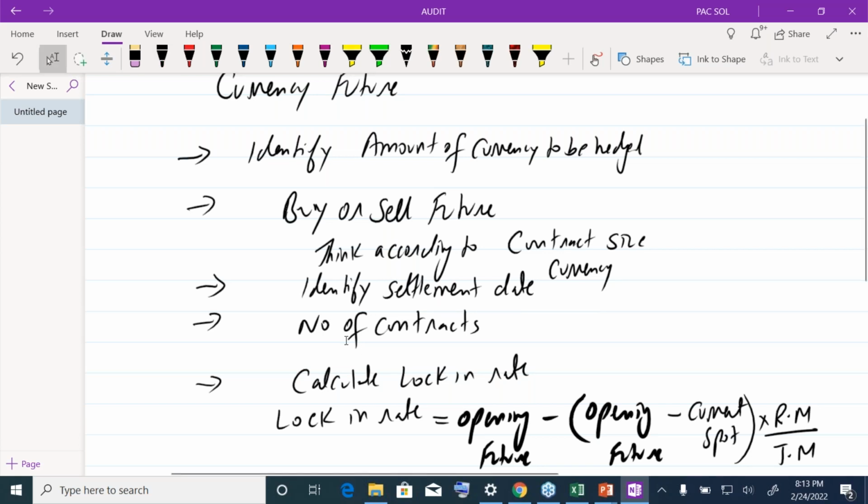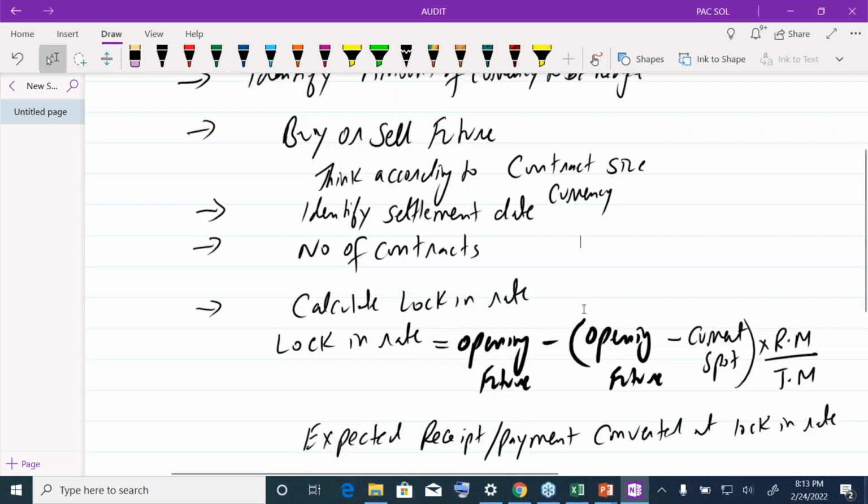Then you will identify the number of contracts and then calculate the lock-in rate. This lock-in rate formula is different. Try to memorize this formula. It will be applied in every question where currency future is tested.